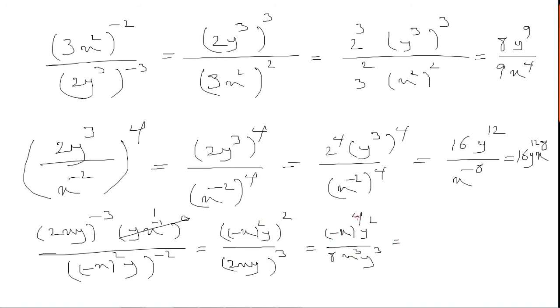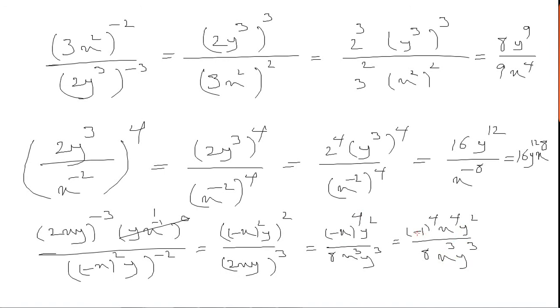Negative x to the power of 4 is just like negative 1 to the power of 4 times x to the power of 4. So this is just negative 1 to the power of 4 x to the power of 4, y to the power of 2, 8, x to the power of 3, y to the power of 3.